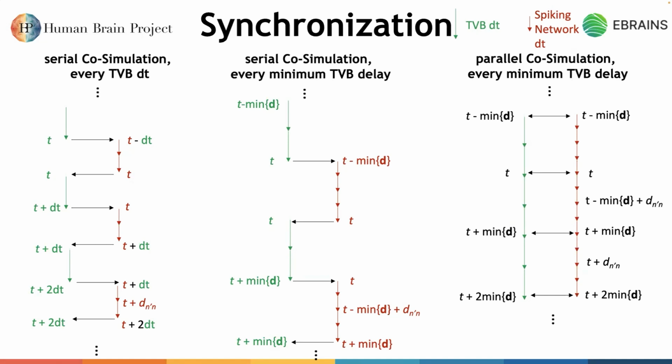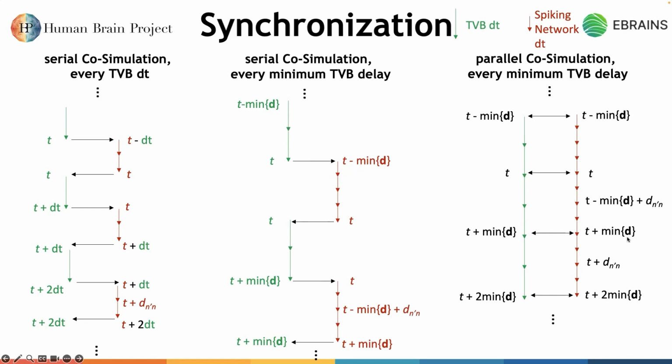We can use this minimum delay, which can be a few milliseconds, as the synchronization time, so that we decrease how many synchronizations we need to do. And this is what you see here, where still we have a serial simulation: simulation, sending, simulation, receiving, simulation, sending. But now we only do this synchronization every minimum delay of TVB.